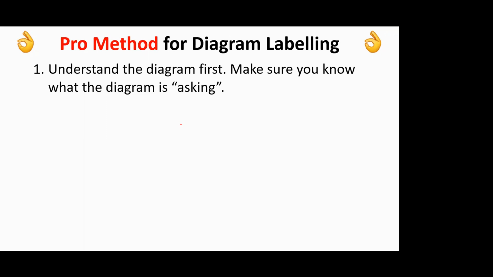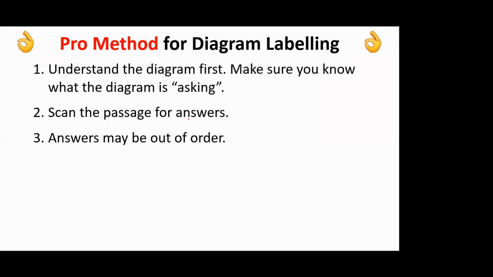So take some time to understand the diagram, figure out what you're going to be looking for, and then you go to the passage. Once you've understood the diagram, you have a pretty good advantage. As you scan the passage, you know you're scanning for certain things or certain keywords, and we'll look at that in the example. Then you fill in the answers, but they may be out of order with these.